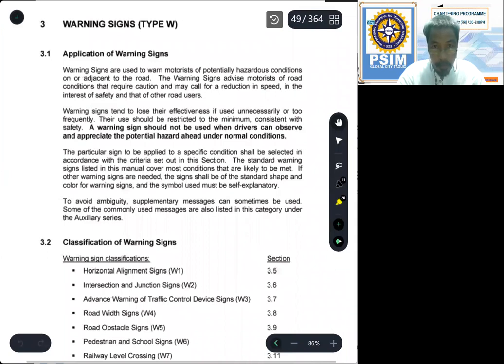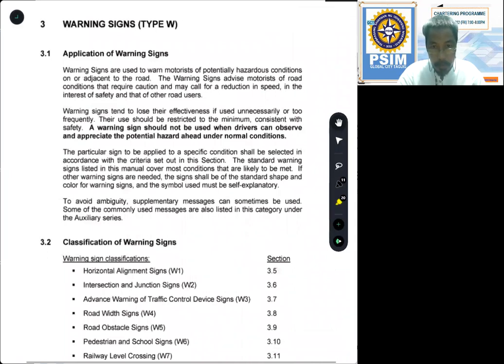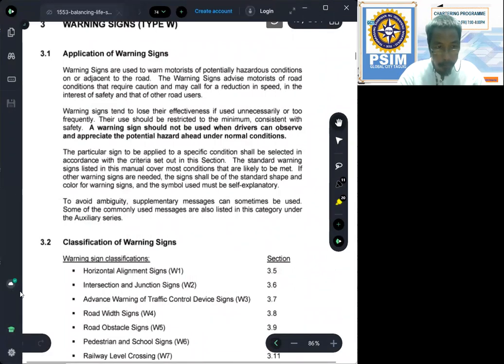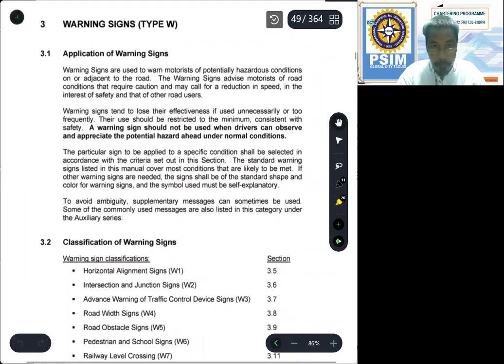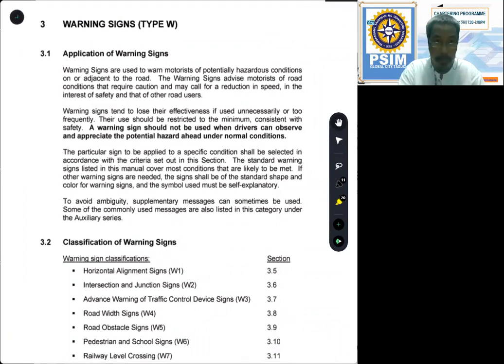This module is about warning signs. So let us define what we mean by warning signs as used in our road networks.